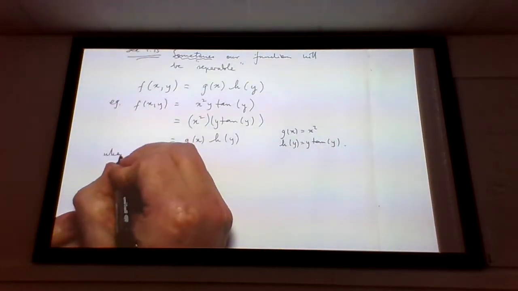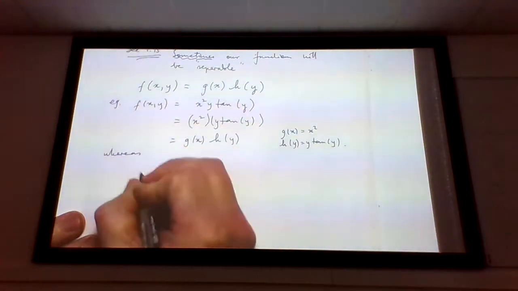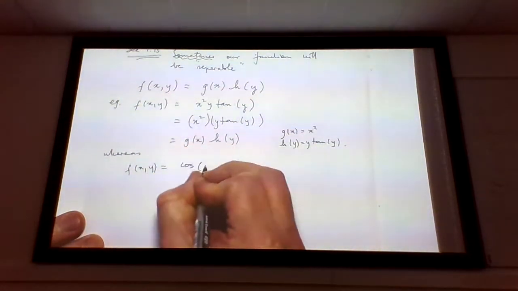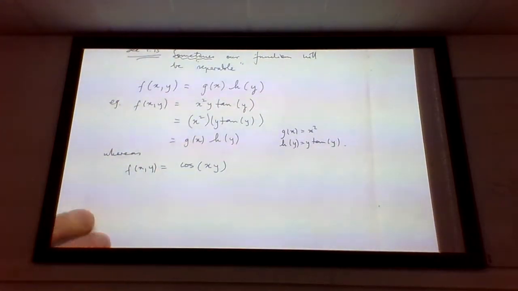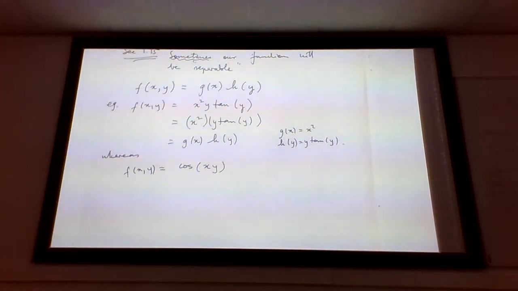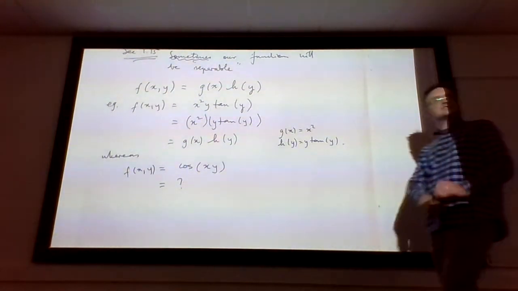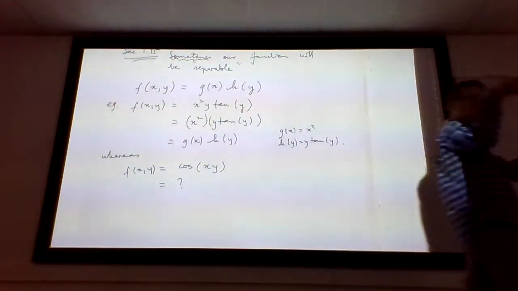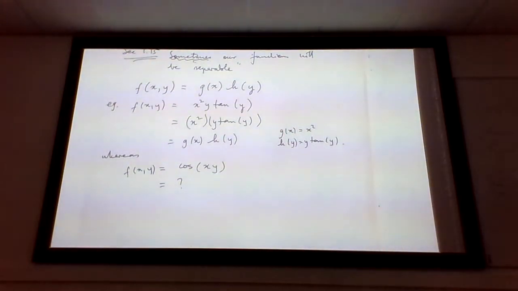Something which would not be separable is like f of x, y equal to the cosine of x times y. Well, there's no simple way that we can separate out the dependence on x and the dependence on y into two separate functions and have them multiply each other to give f.